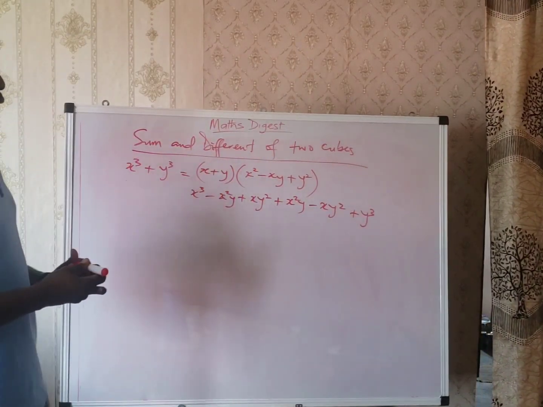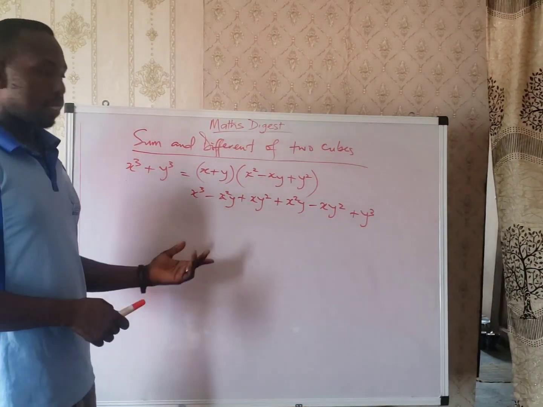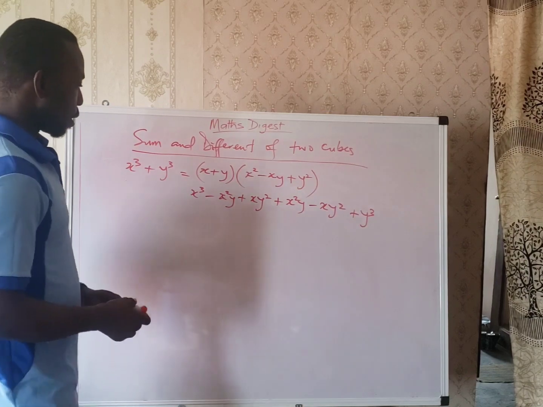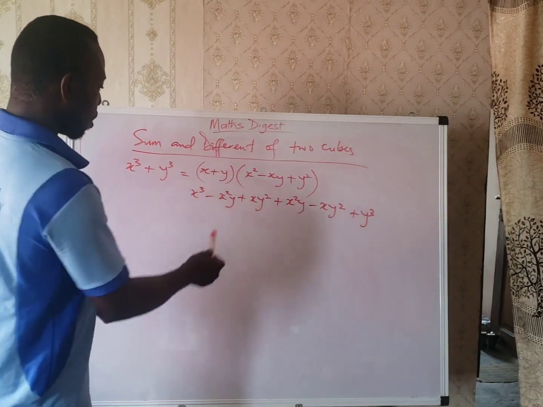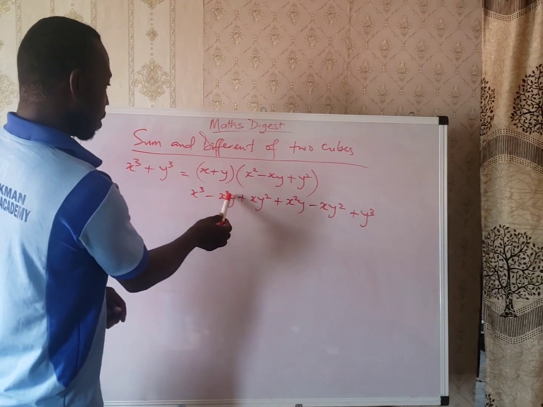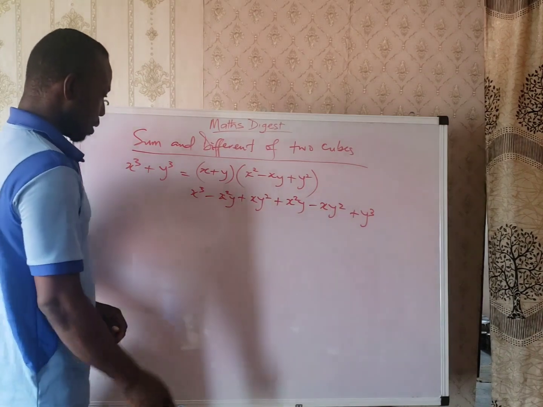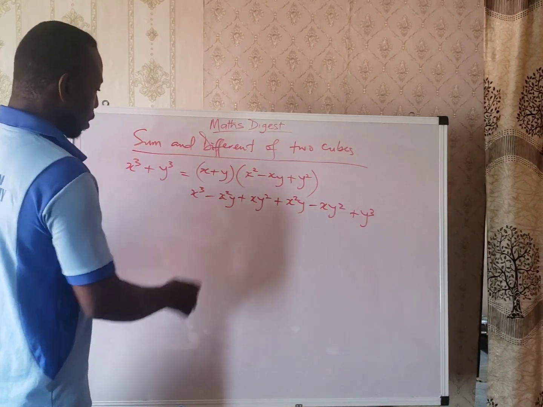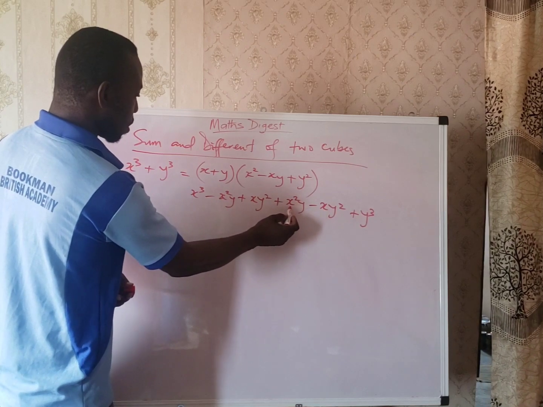Okay, now if you look at this, you find out that there are some like terms among them. If you fish them out, if you check this x squared y, you find out that this particular one has negative, while this one has positive.